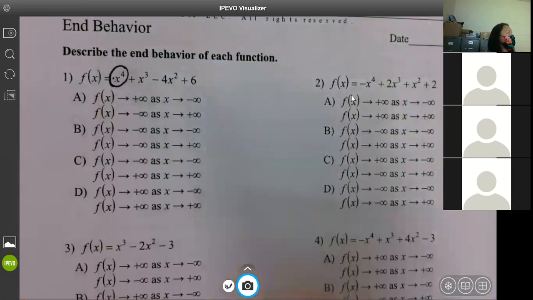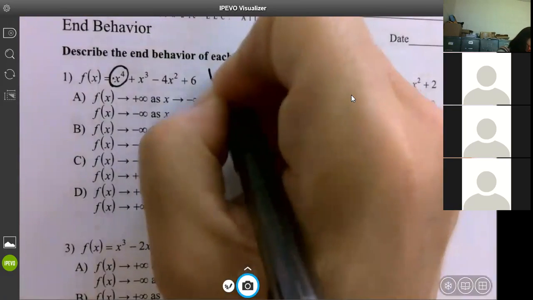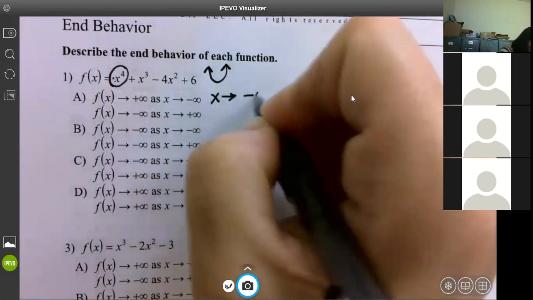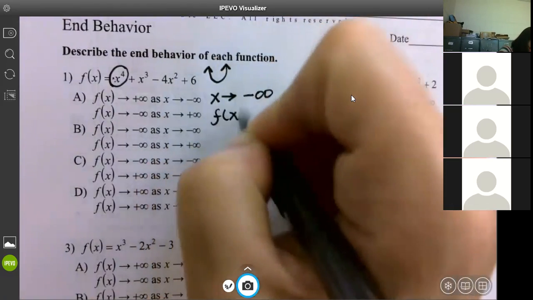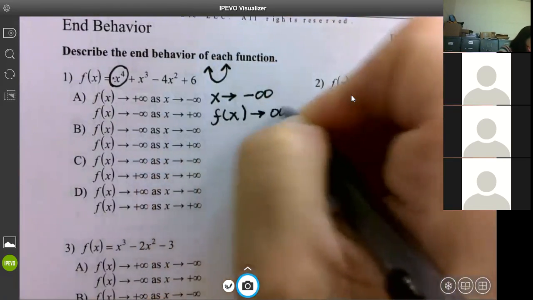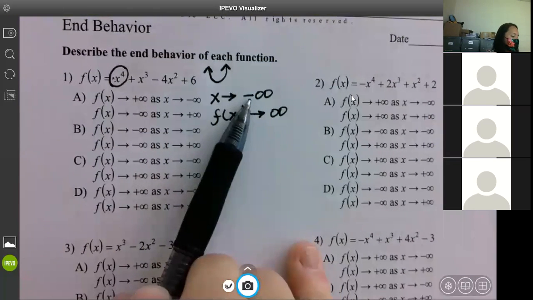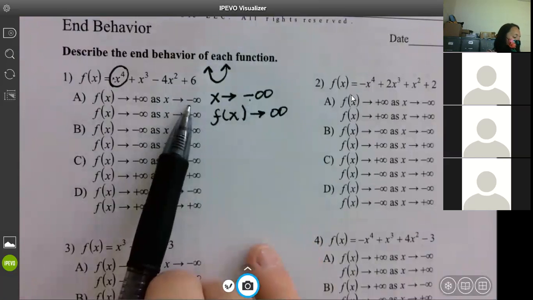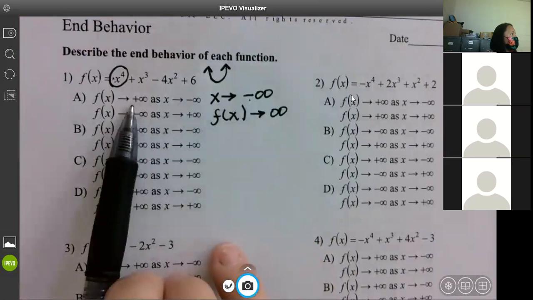What's our leading coefficient? 1, and it is positive, so that means it points up. So we've been writing it like this, and you said it points up. So whatever's with the x goes to negative should be a positive. They write it backwards. x goes to negative, then there's a positive. So that one's okay for now.